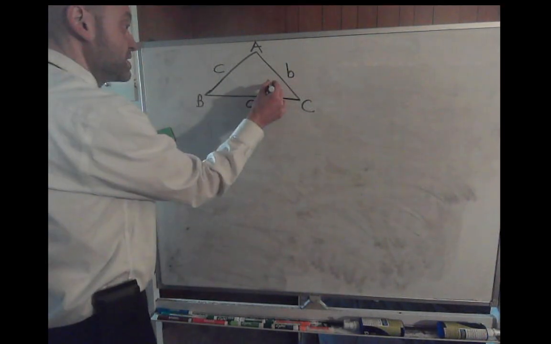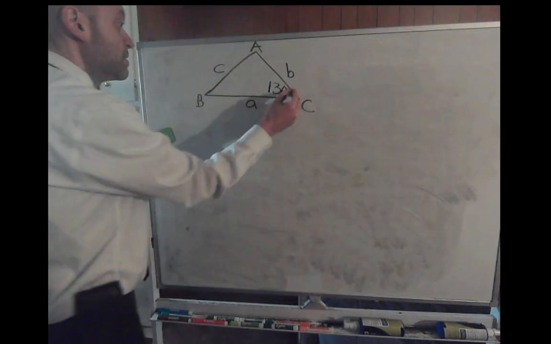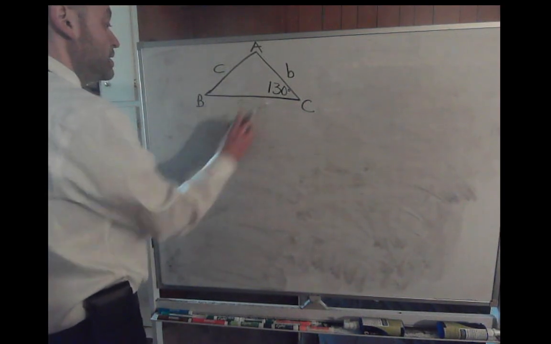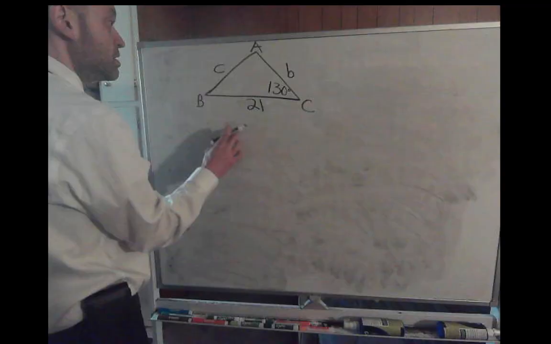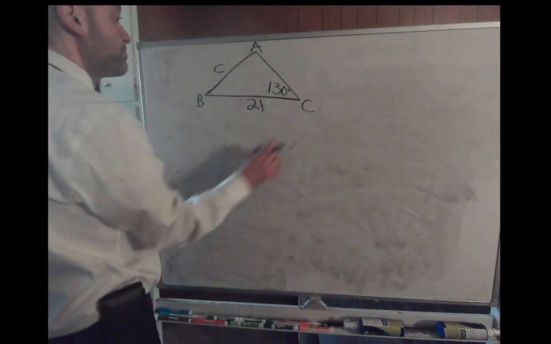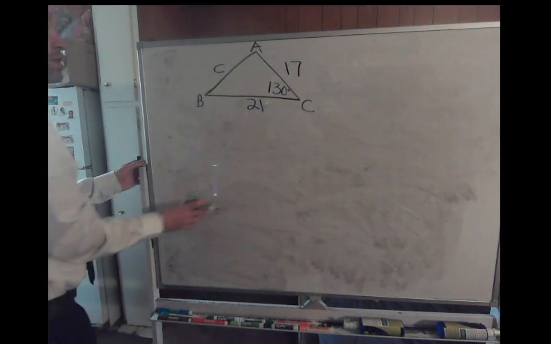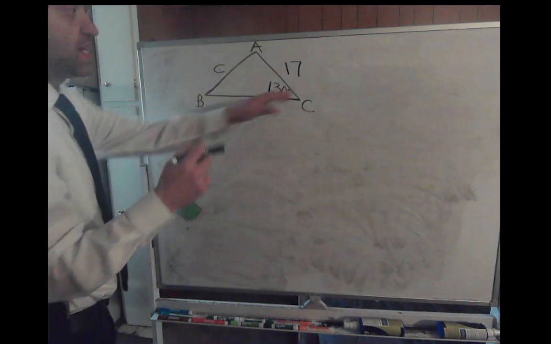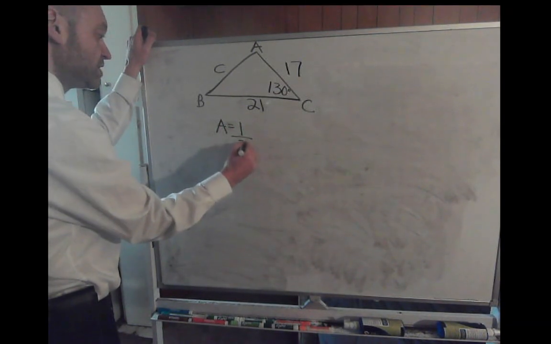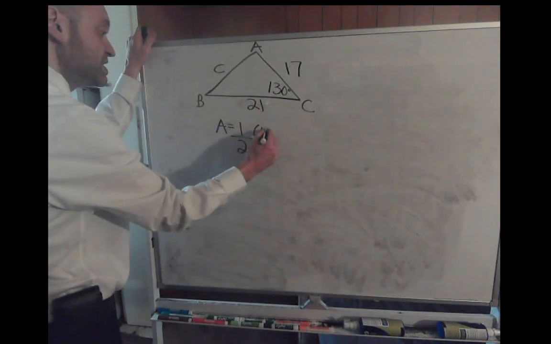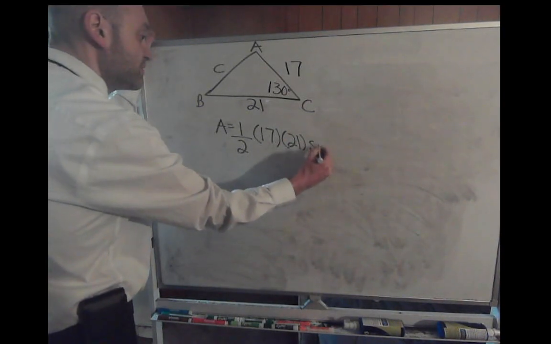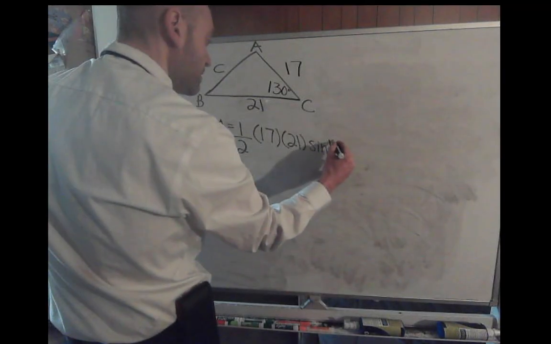Angle C is 130 degrees, side A has a length of 21, and side B has a length of 17. Again, we have two sides and an included angle. The area is going to equal 1/2 of your first side, 17, times your second side, 21, times the sine of that included angle of 130 degrees.